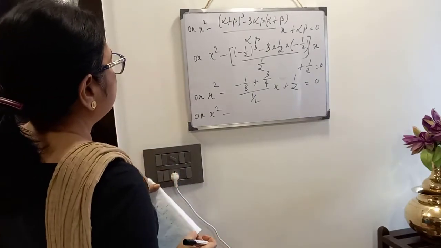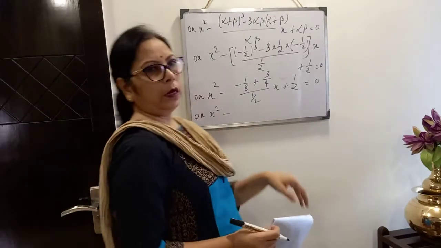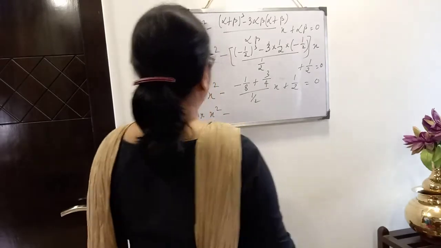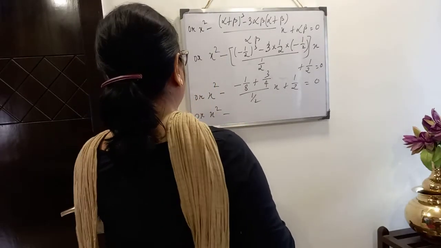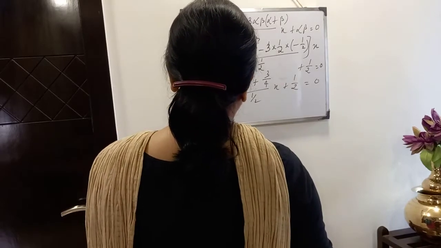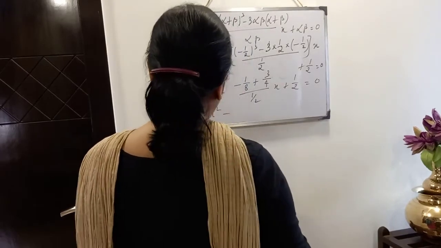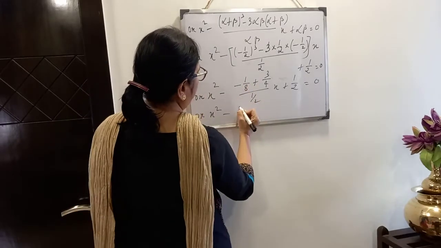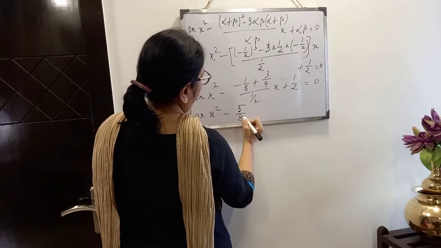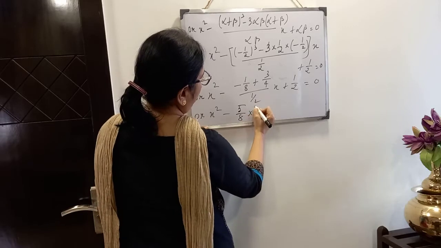Now LCM is 8. I am jumping one step. LCM is 8, so it is becoming minus 1 plus 6, so it is becoming 5 by 8. So it is becoming 5 by 8 and the denominator was half, so it will go there.